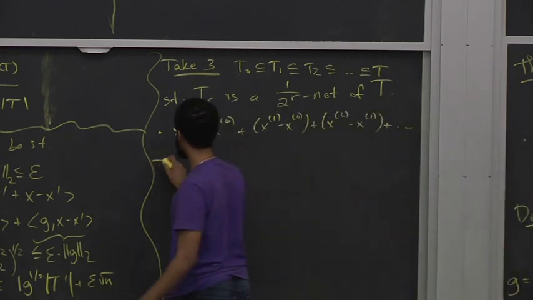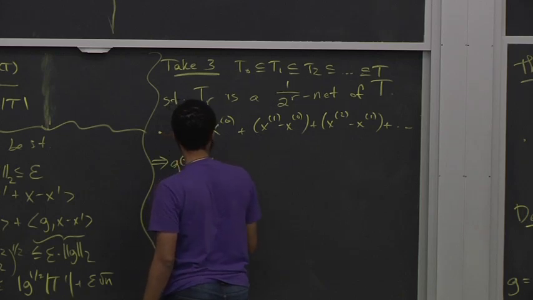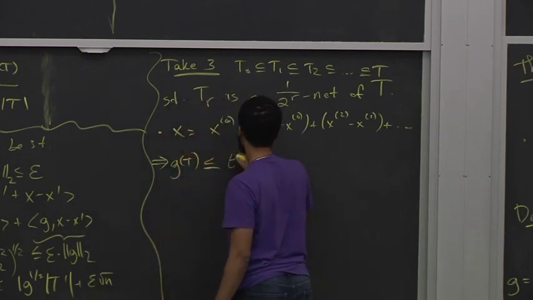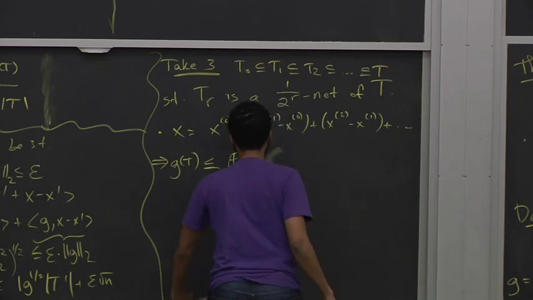So this implies that g of T is at most the expectation of g dot x0. Well, let me write it like this.